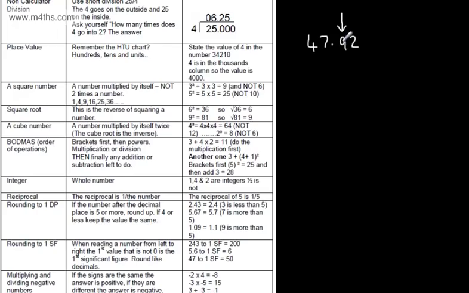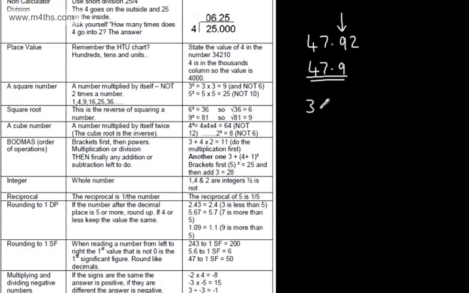I look at the number to the right. If this number is 5 or more, we would round up. If it's 4 or less, we would simply leave it as 0.9. So to one decimal place, this is 47.9. I'm not going to round that up as the number 2 is 4 or less.